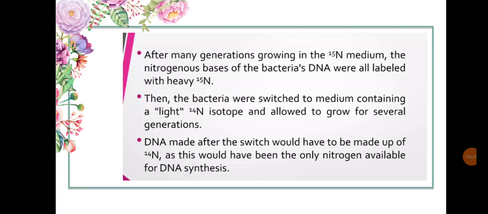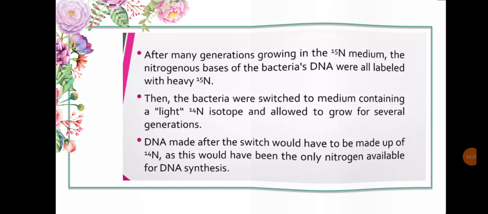Then later, the same bacteria were switched to a medium containing the light N14 isotope, and allowed to grow again for several generations. So what will happen? DNA made after the switch would be made up of N14, as this would be the only nitrogen available for DNA synthesis.